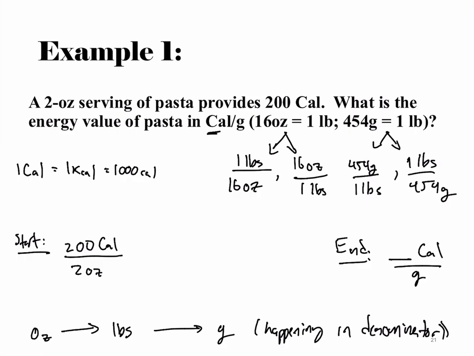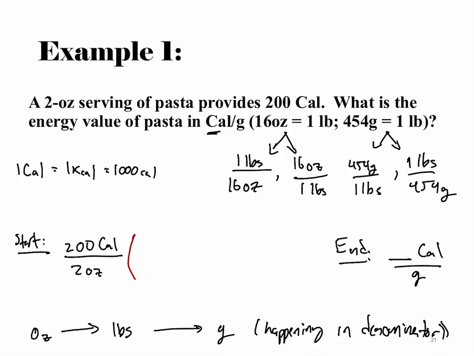So first, we're going to convert the ounces in the denominator into pounds. Which conversion factor are you going to use, the left or the right? Think about what units we want to cancel out: the ounces, which means the ounces should be on the opposite side of the ratio, meaning the numerator. That's how things are going to cancel out.